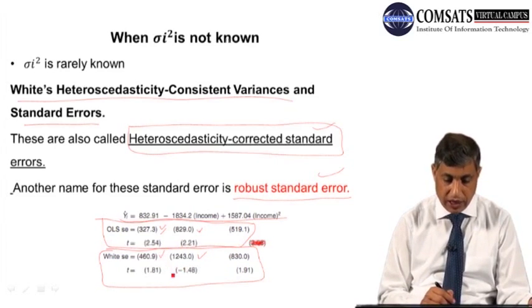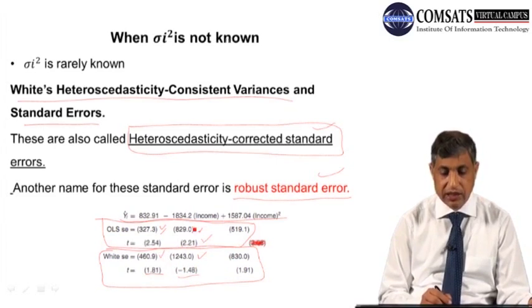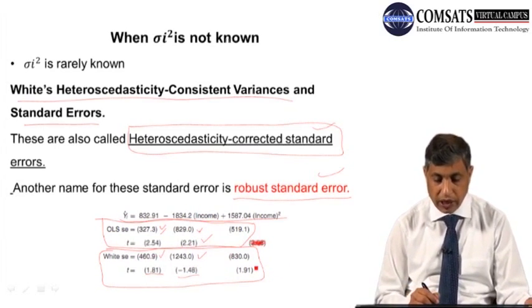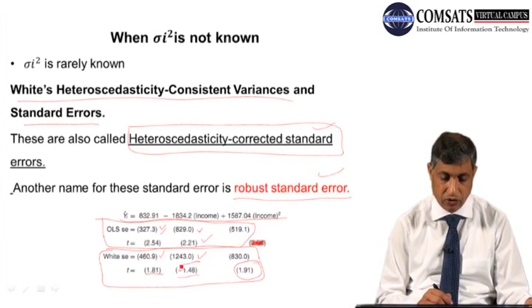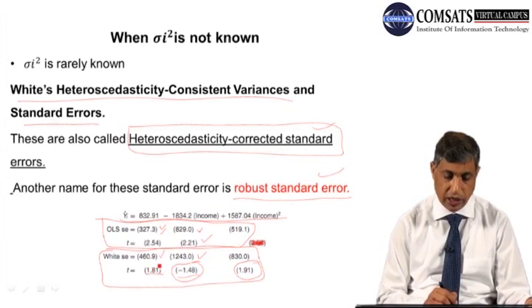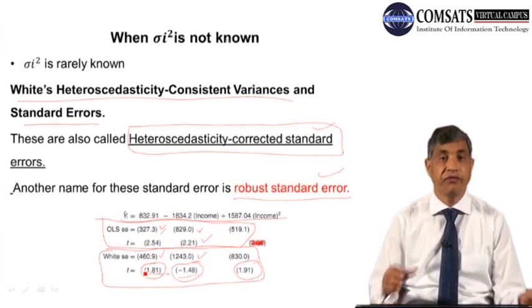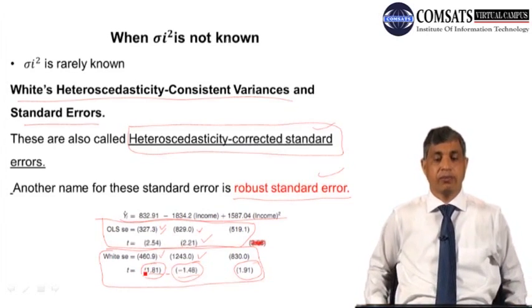But look at the t values here: your parameters are significant, but when you correct it, these become insignificant. Look at this t value, this t value, and also this t value. So what is the message?